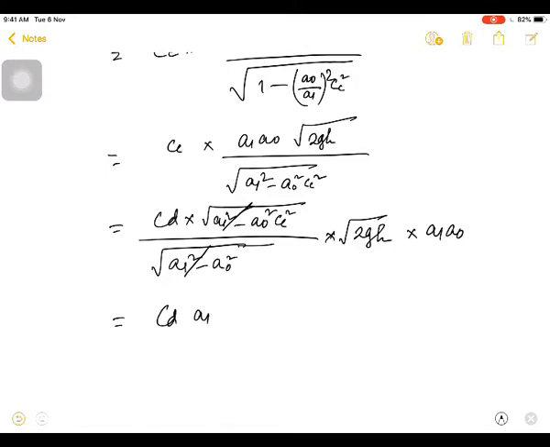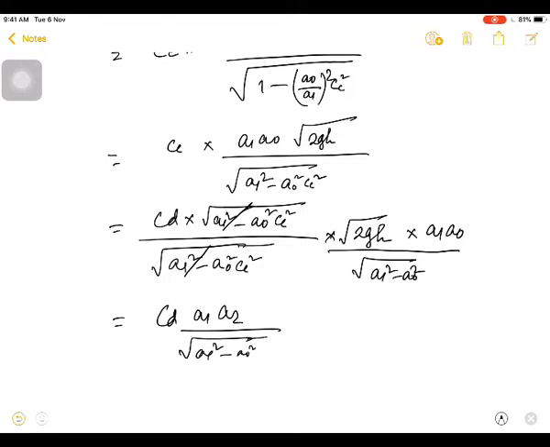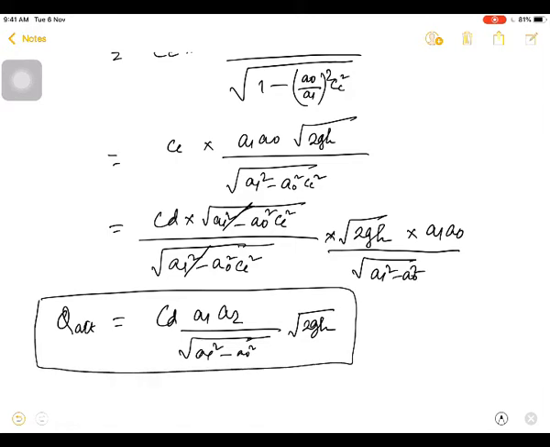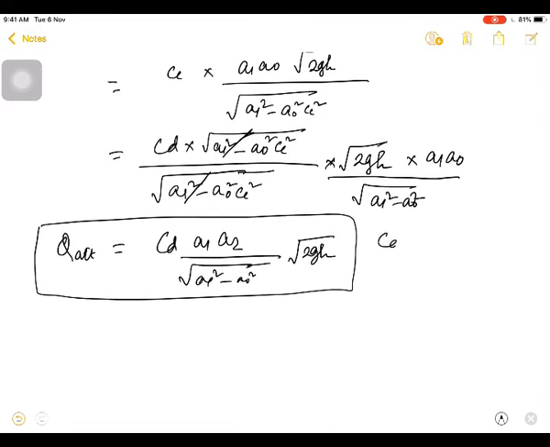So this cancels out, and Q actual equals CD A1 A0 by root of A1 square minus A0 square into root 2GH.